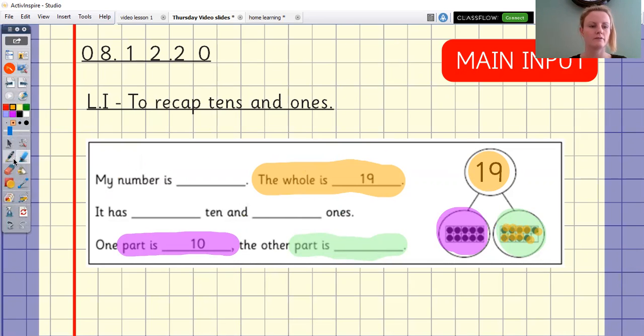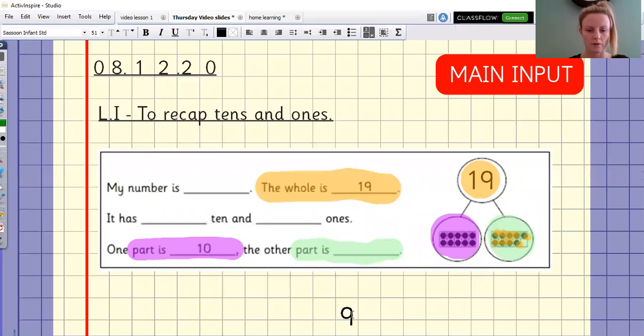So I know that I have got 9 on that side. So I would have written, one part is 10, the other part is 9. Okay, so let's recap the whole sentence. My number is 19, well done. So my number is 19, I know that because it's there.